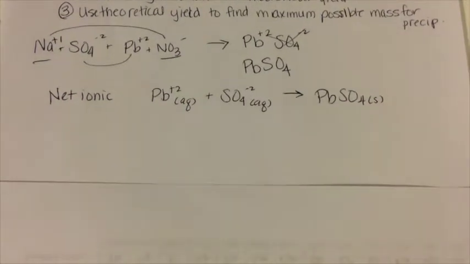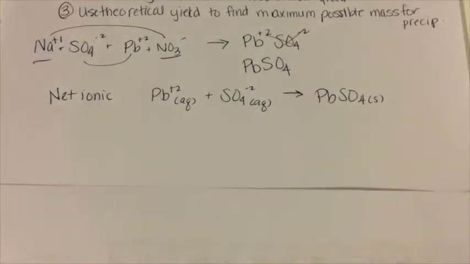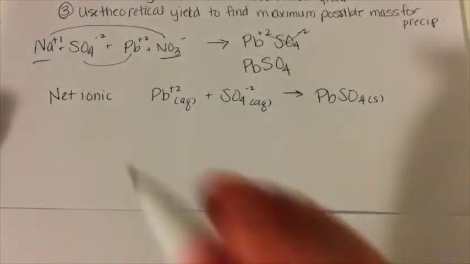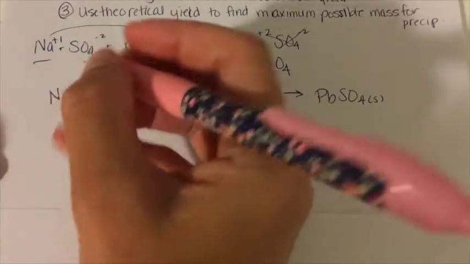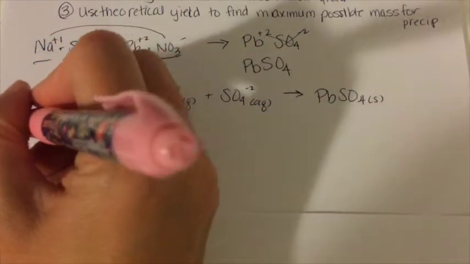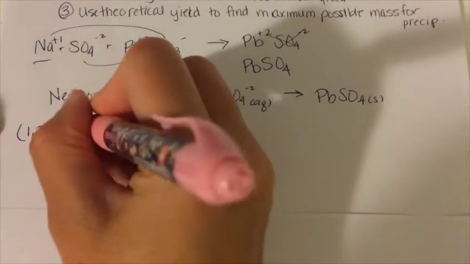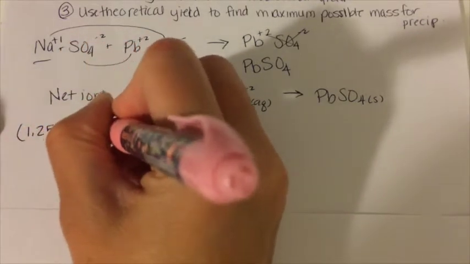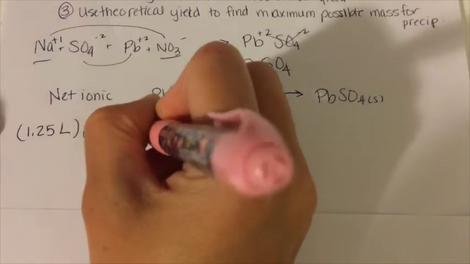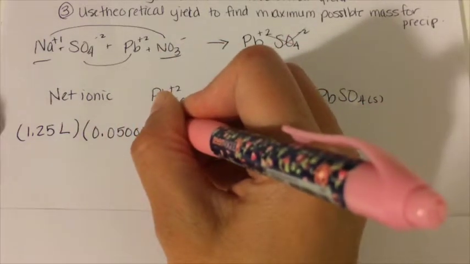So if we can figure out how many moles of lead are in our lead 2 nitrate solution and how many moles of sulfate are in our sodium sulfate solution, we can get to the part where we find the theoretical yield. So, determining the number of moles of reactants. In order to do that, we're going to take our molarity information, and remember, if we multiply volume times the molarity, that gives us the number of moles.